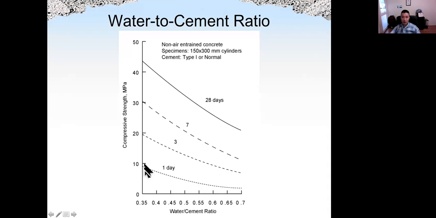So the water to cement ratio has a big effect, right? However, for the same age, for example 7 days, if we increase the water cement ratio, the strength will be lower. The slope of the curve is also different.